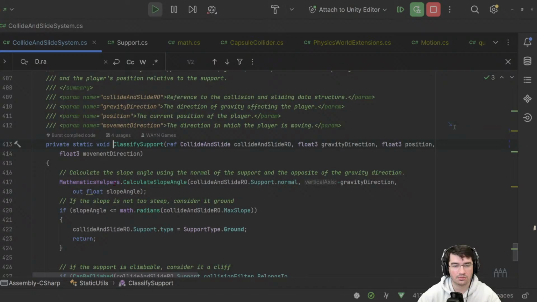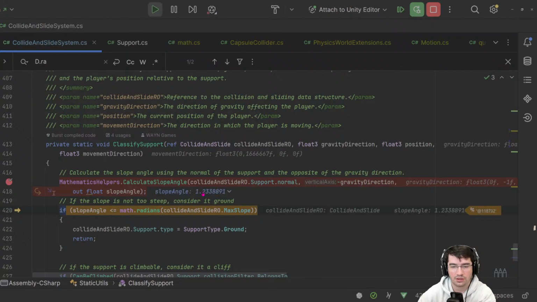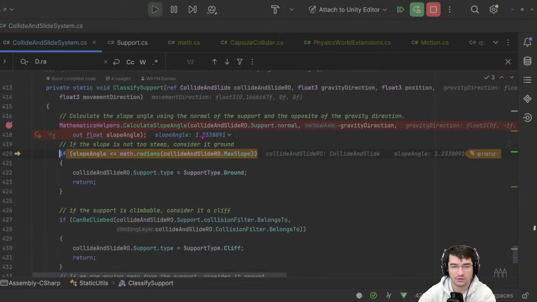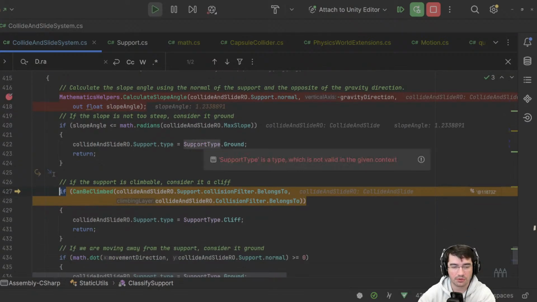And when I go into the classify here, I got a very small angle, so it's not a very steep angle, because I'm basically seeing the edge of the step, the step nose.